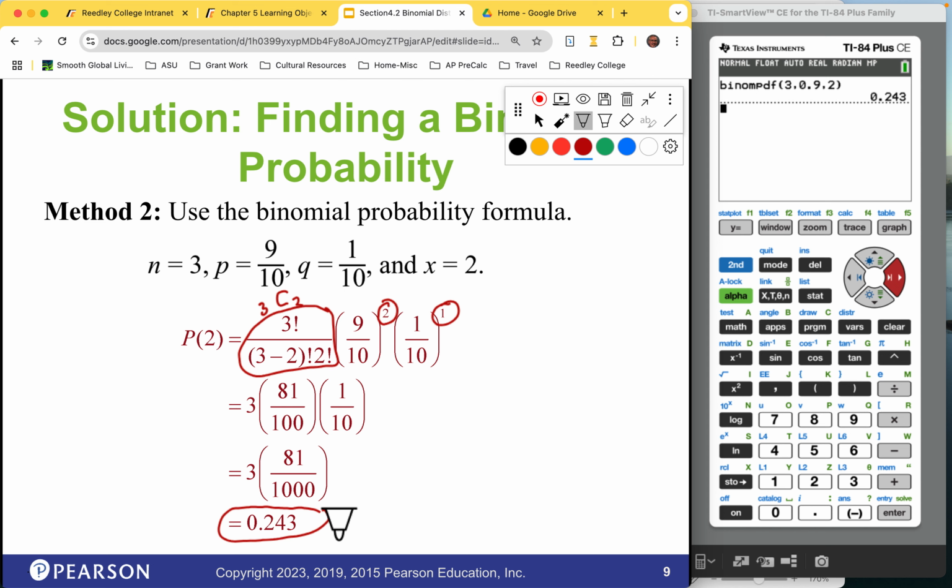But the reason we want you to do this is that statistics is about taking the data, analyzing it, and being able to make good decisions. So it's as important that we understand what those values mean. The more important thing is that we realize the probability of getting exactly 2 successes is about 24%.